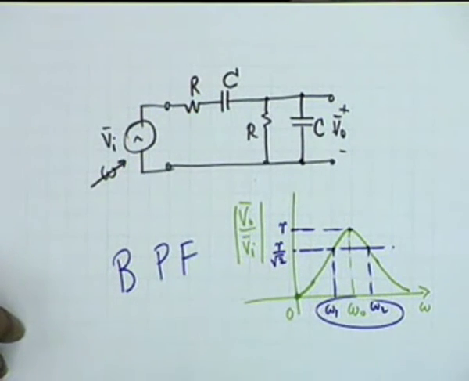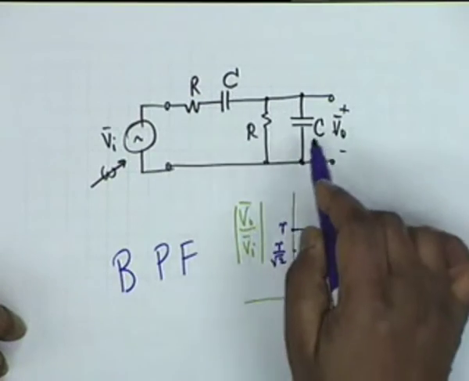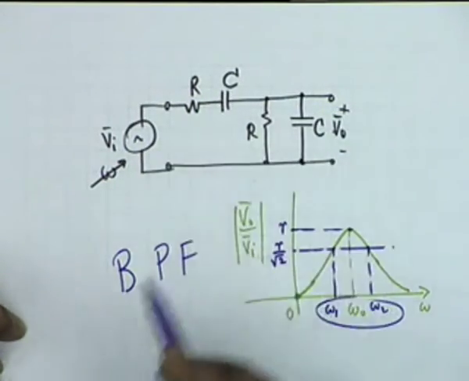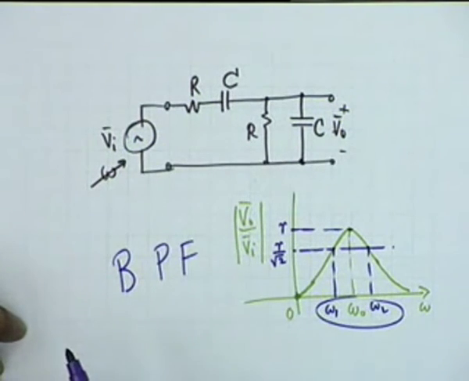In a similar manner, if we had interchanged the series and the shunt arms, you could argue that it would have been a band stop filter, not band pass.